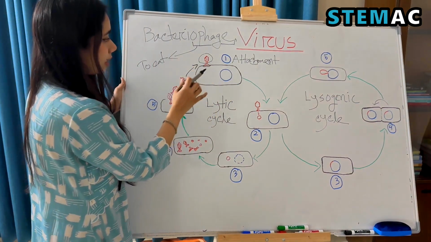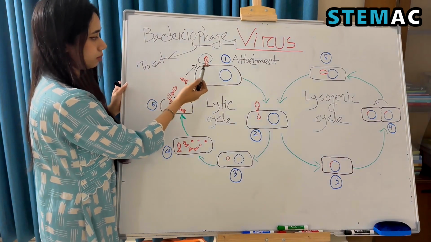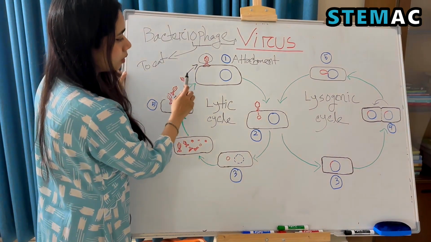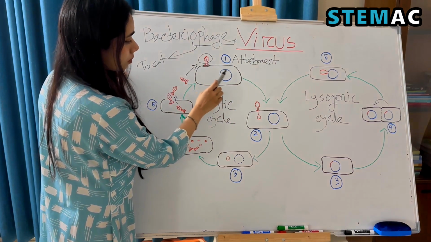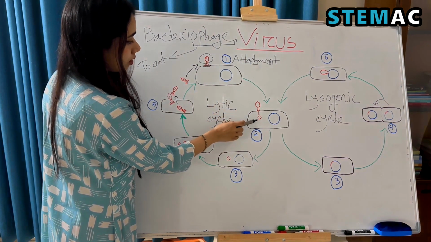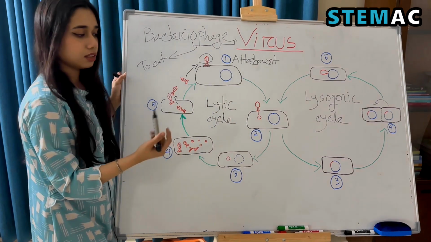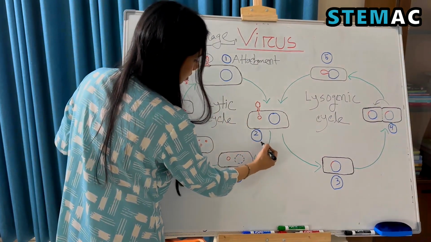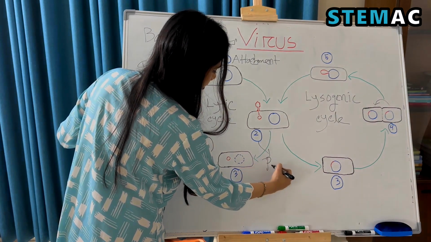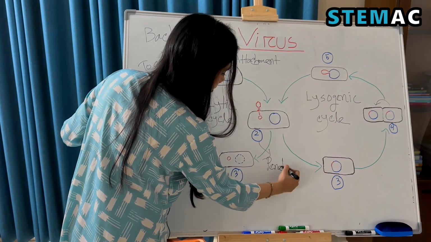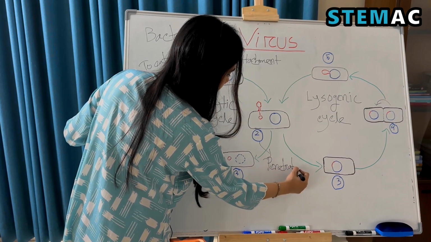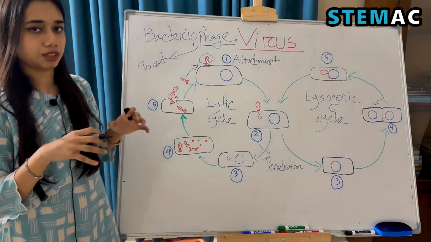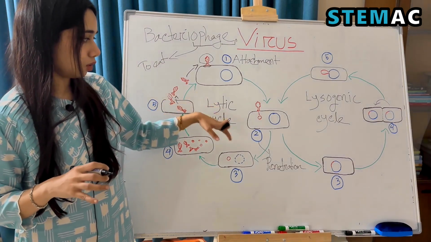So after the attachment step, when the bacteriophage has already attached to the host bacteria, it will then insert its genetic material inside of the bacterial cell. So the name of step number 2 is penetration, because it is penetrating its genetic material inside of that host bacterial cell.